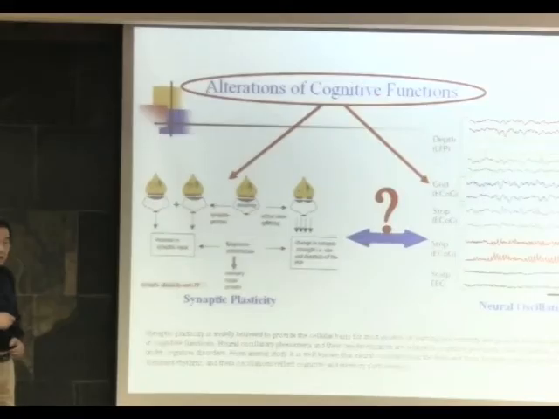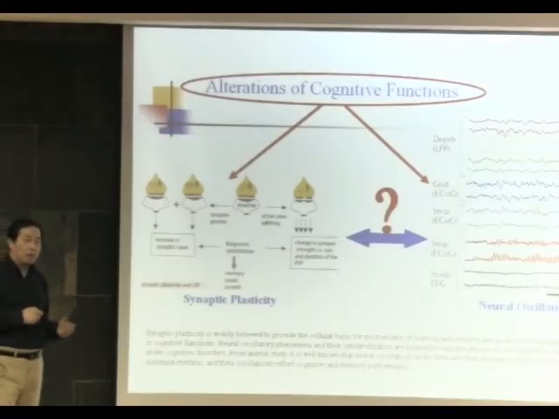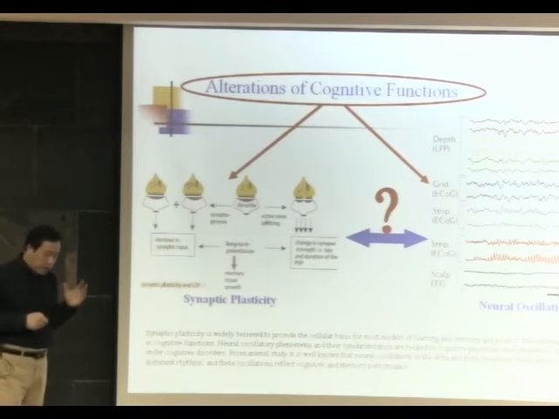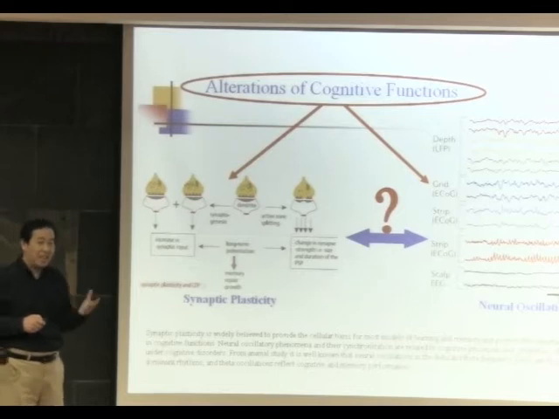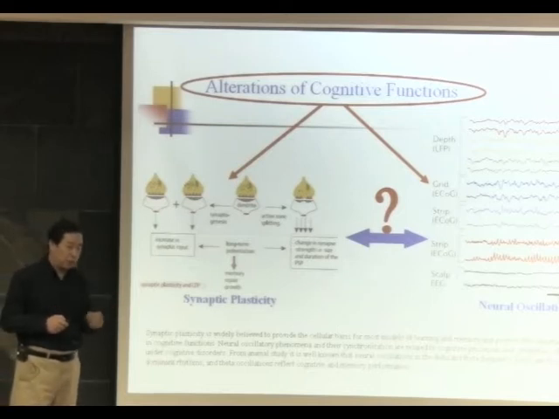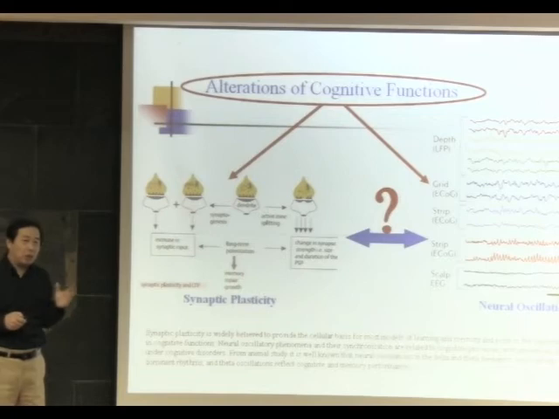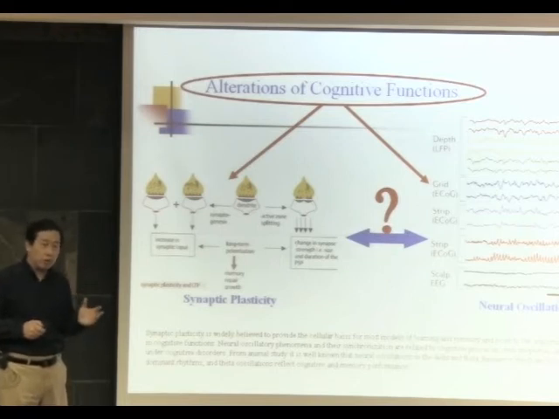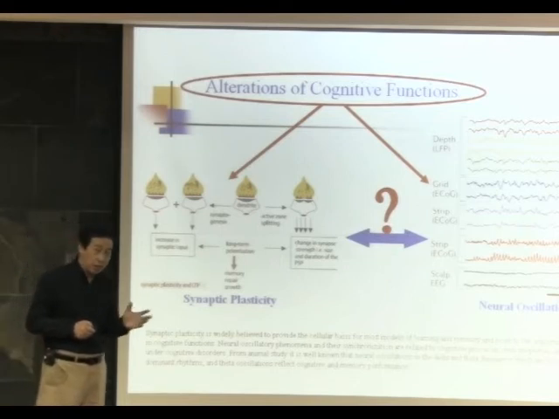This slide shows where the original idea of the study came from. If cognitive functions such as learning and memory change, the neurobiologist will say such a change should be caused by the alteration of synaptic plasticity.